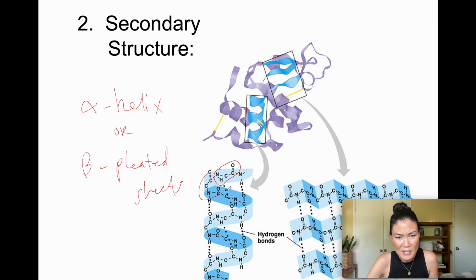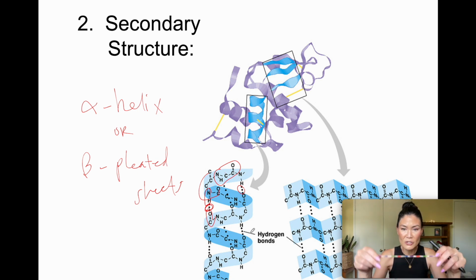These are chains of amino acids, and they form a coil because they have hydrogen bonding between the amine groups and the carboxyl groups. I can see that there's a hydrogen bond between this amine group and this carboxyl group. Do you see that right over here? The dotted lines represent the hydrogen bonds. So the hydrogen bonds hold this amino acid chain into a coil shape.